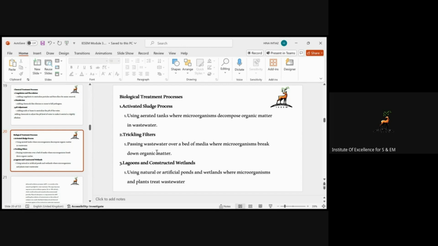So here I have completed the three main basic treatment processes, including physical, chemical, and biological treatment processes. This is very clear to you, because the microorganisms and the plants are both living organisms. So that category is very important in these biological treatment processes.